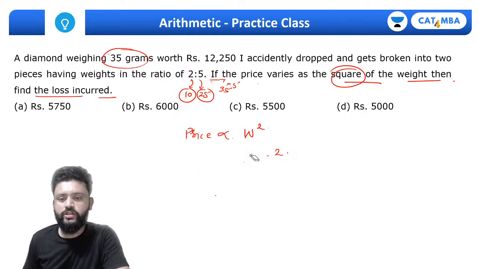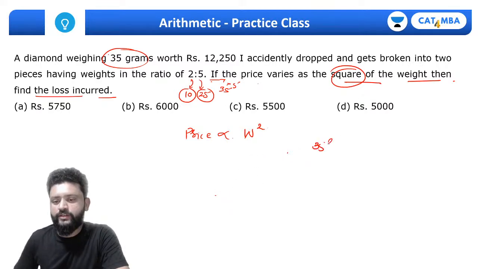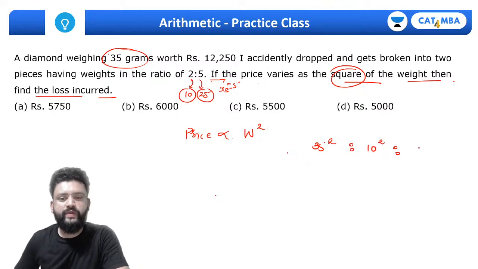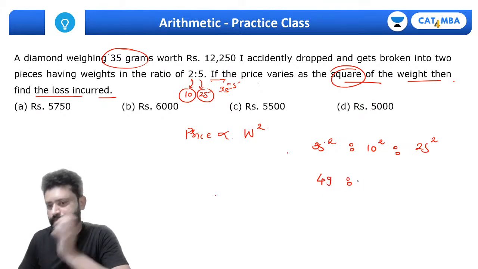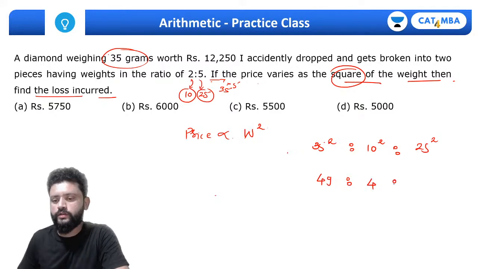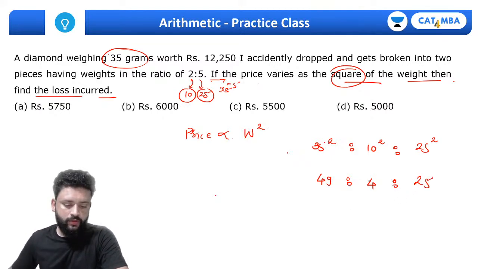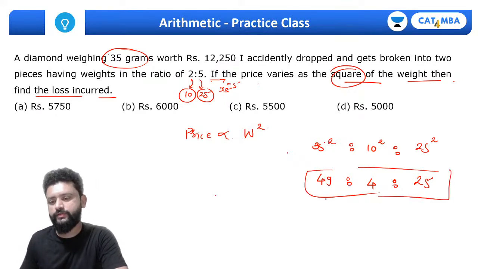You can solve by equation or simply you can take the ratios. Look, here it is 35 square, then the next weight is 10 square, the next weight is 25 square, right? So 5 square will cancel out, which is 49 is to 4 is to 25. Am I right? All of you getting the ratio 49, 4 and 25?